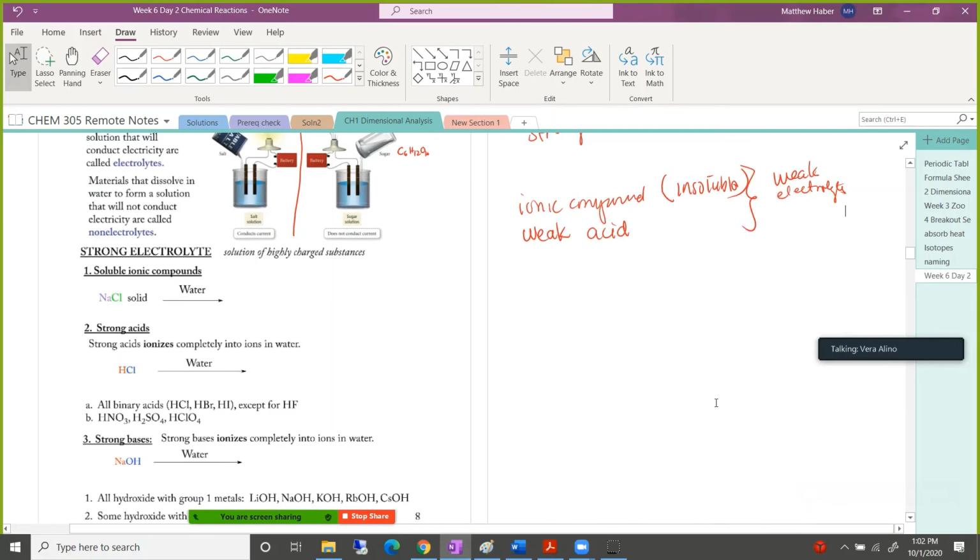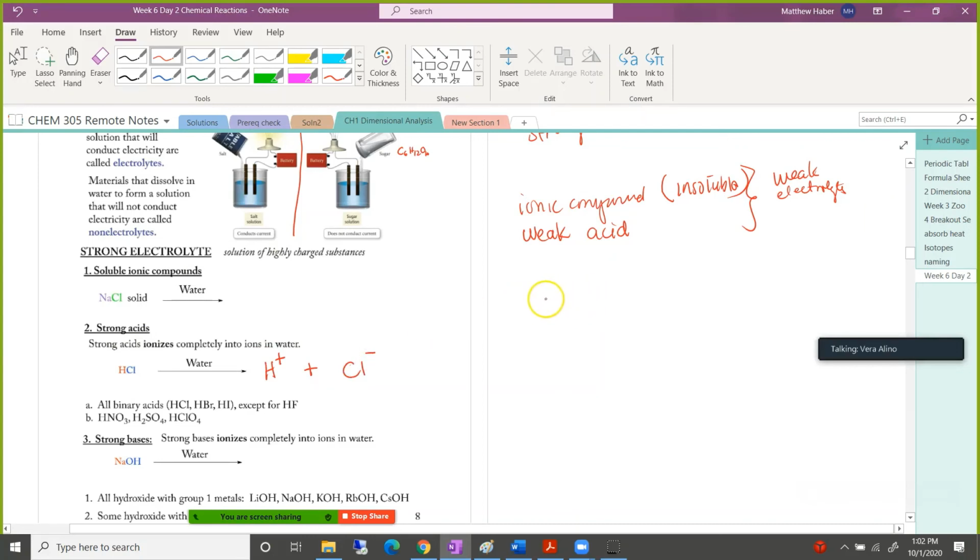Because it can lift a lot of weights? No, it's called strong because of its ability. It has the ability to completely ionize in water. So if you have hydrochloric acid, if you drop it in water, it will break apart completely into its ionized form.